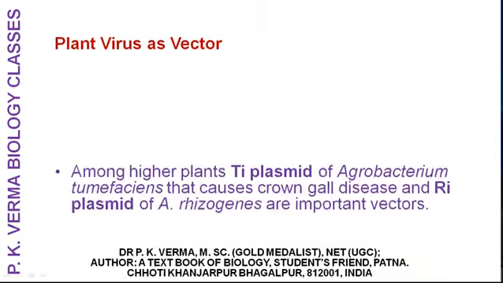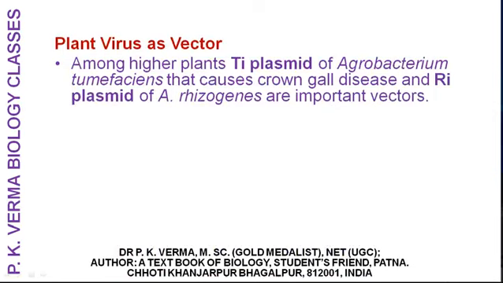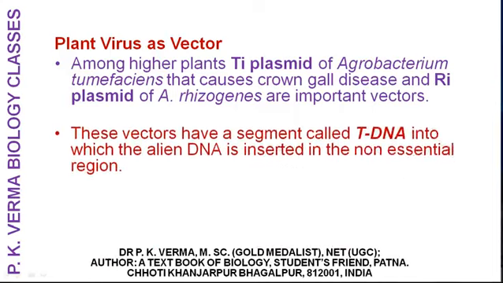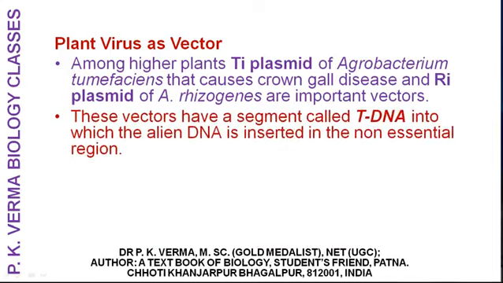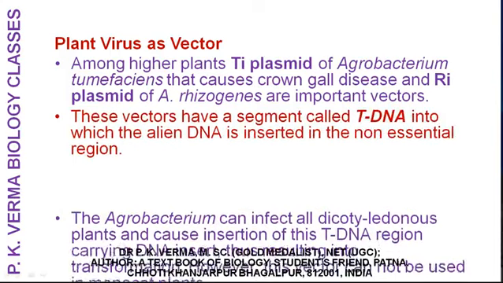In plants also, bacteria like Agrobacterium tumefaciens and Agrobacterium rhizogenes are used as the vector of DNA. These vectors have a segment called T-DNA into which the alien DNA is inserted in the non-essential region.